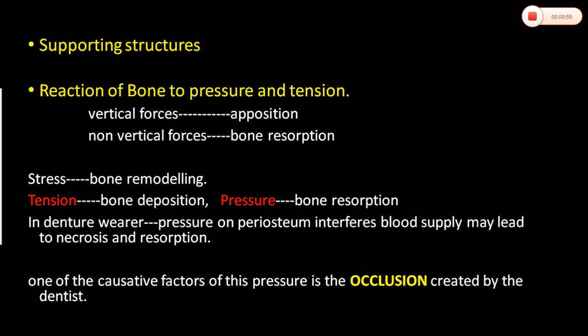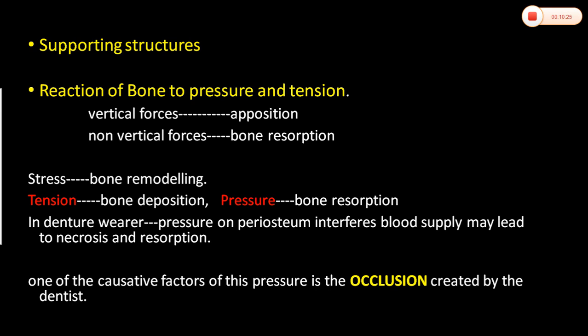The load or stress on the bone in an edentulous patient will always be pressure type. So pressure type of stress leads to bone resorption. Remember, in an edentulous patient, the pressure caused by masticatory load or by denture bases leads to bone resorption.